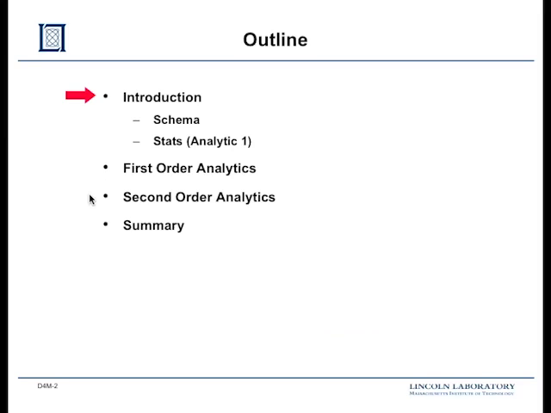Going to show you our very generic schema. Going to talk a little bit more about some of the issues that we encounter when we deal with particular databases. The database we're going to be using for this course is called Accumulo, and so I'll be talking about some issues that are more Accumulo specific.